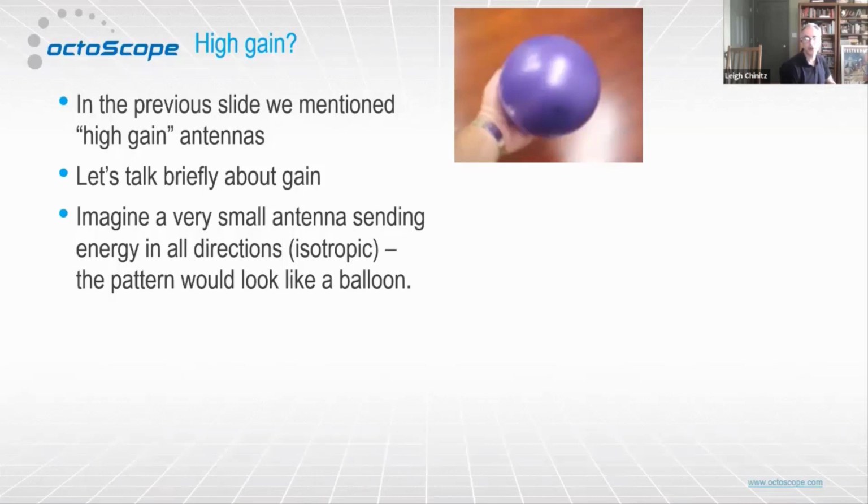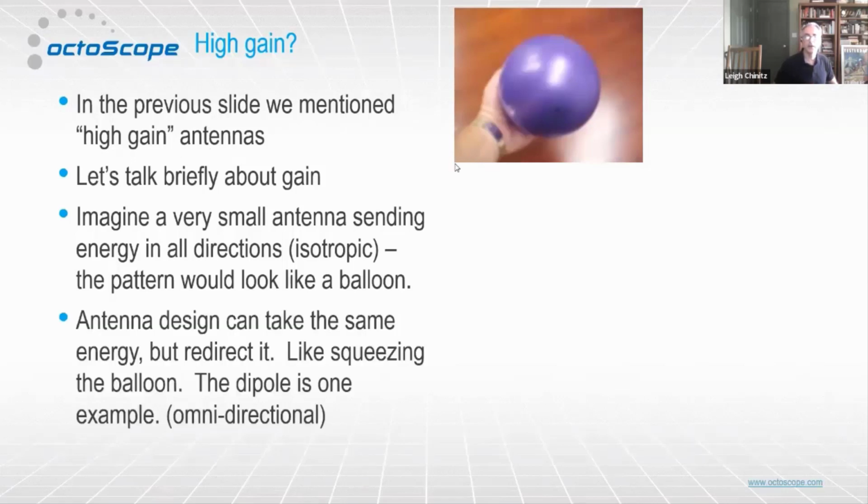It's known as an isotropic antenna, and you can think of it as energy radiating out in a perfect sphere, kind of like a balloon. So the energy would come out looking like this balloon. Now, if you design the antenna in such a way, you can take the energy that's in that balloon and squeeze it into different shapes.